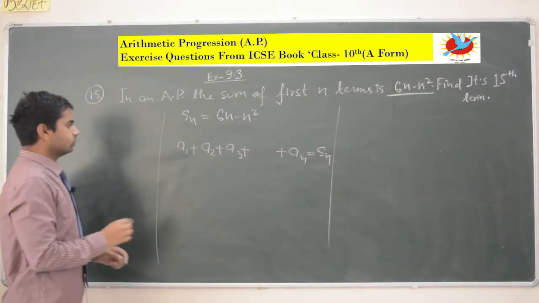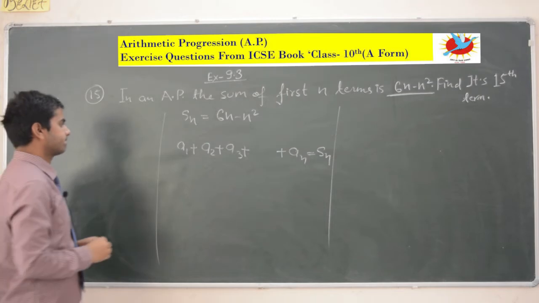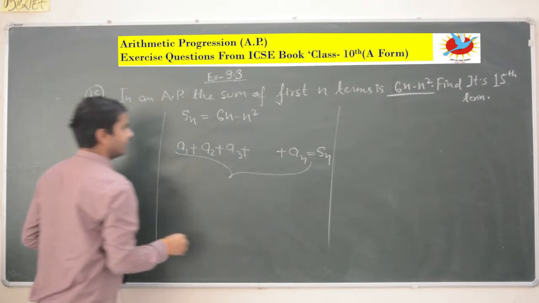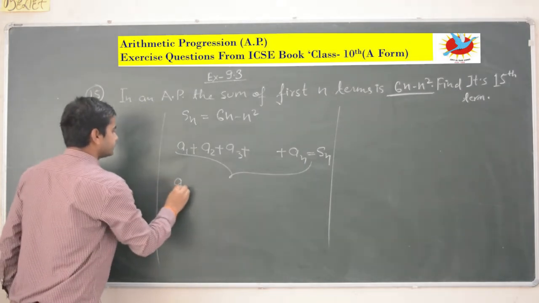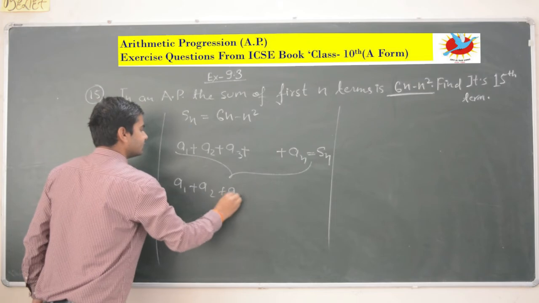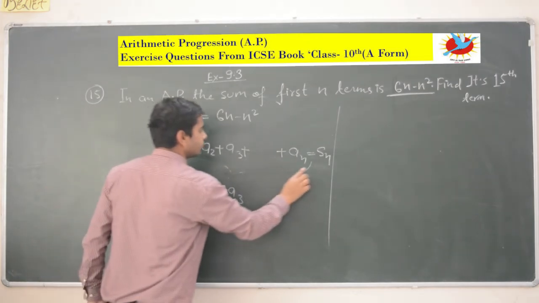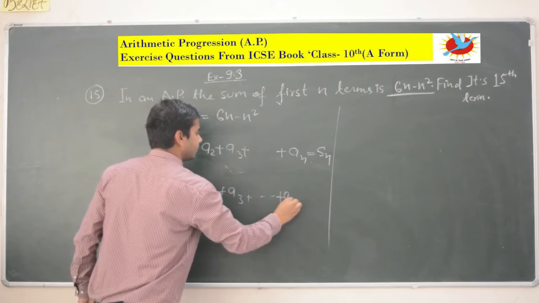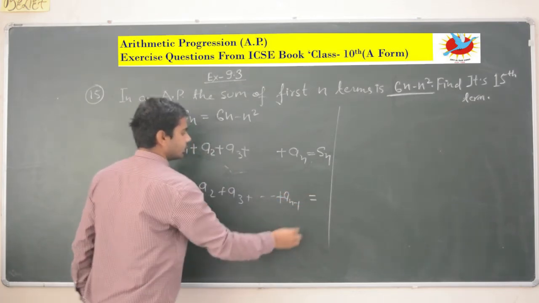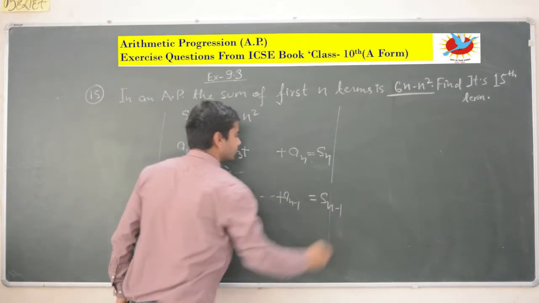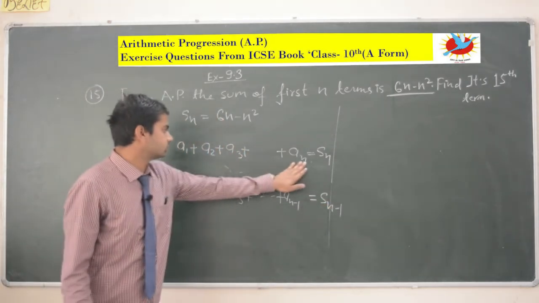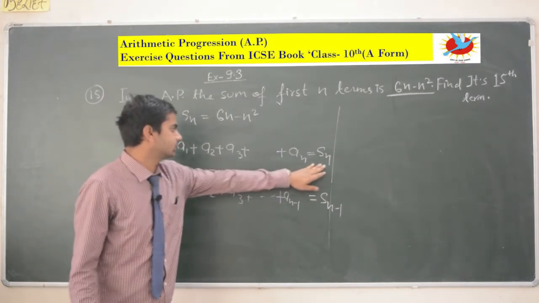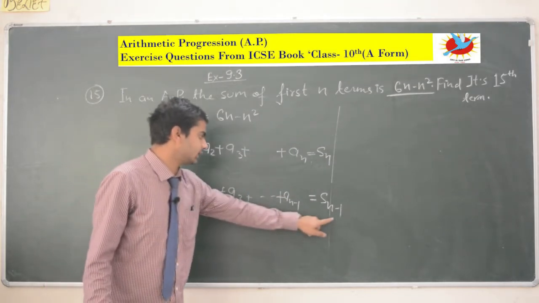So we have n number of terms, and the sum of the n minus 1 terms will be a1 plus a2 plus a3 plus ..., where the last term will be a(n minus 1), and this will become S(n minus 1). Here we have n terms and here we have n minus 1 terms. So the sum of n terms is Sn and the sum of n minus 1 terms is S(n minus 1).